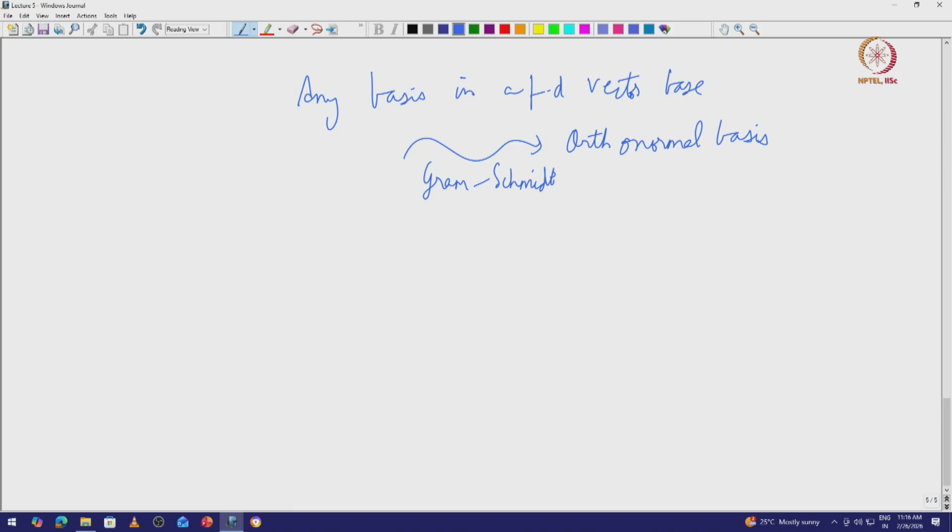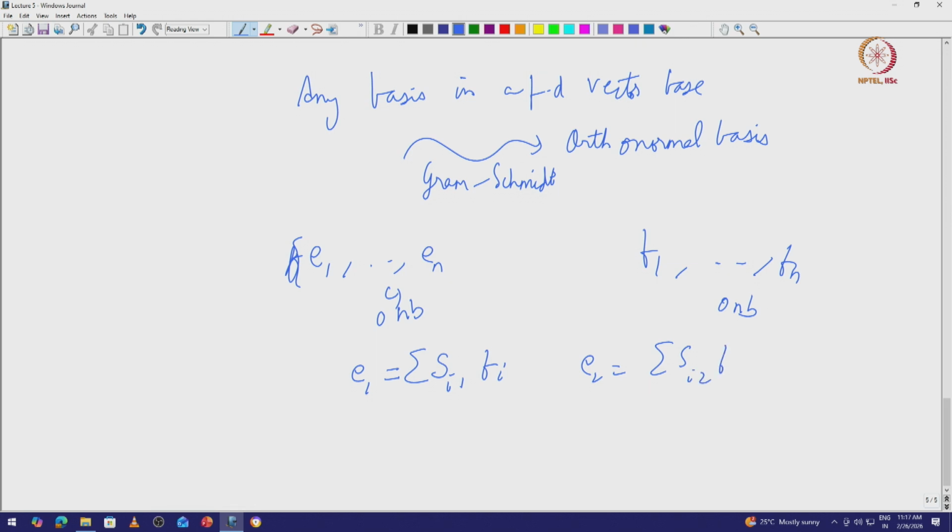Now, the point is, if you take two orthonormal finite ordered bases, I won't put a set sign here, suppose these two are orthonormal bases. What is the change of basis matrix? This is a linear combination of these f_i's, this is a linear combination of these f_i's and so on.